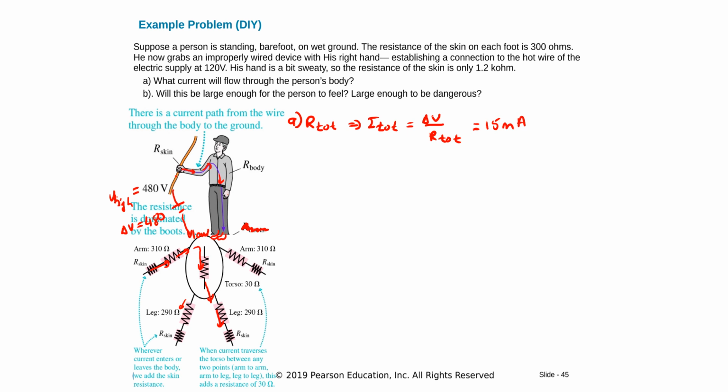The second part of the question asks if this will be large enough to feel or to be dangerous. Going back to our table, we will see that 15 milliampere is in the paralysis range of respiratory muscles, quite dangerous.